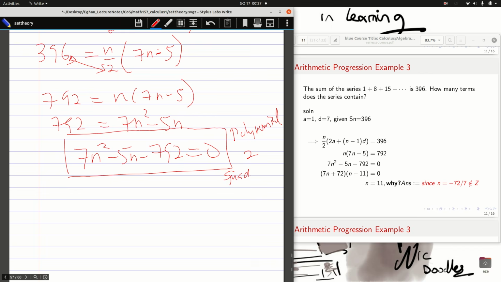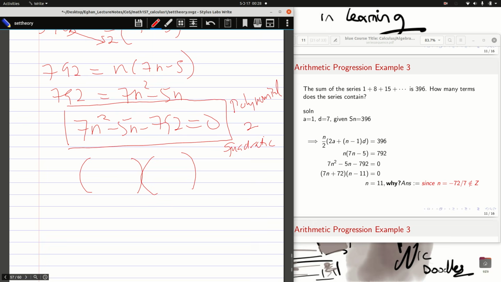I'm referring back to everything we've learned. I can factorize this one. There's no division here. I can factorize it into 2 factors if I know them. In factorization, we will have (7n plus 72)(n minus 11) equal to 0.